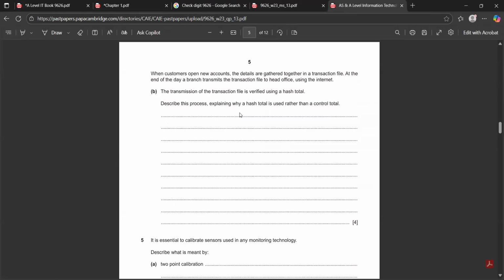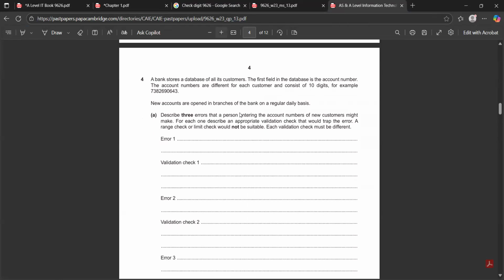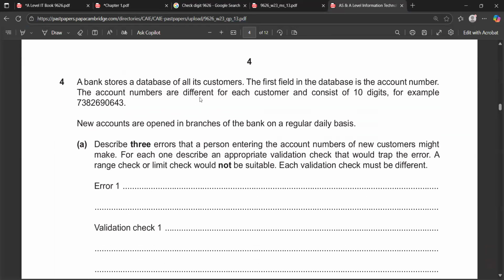This is one of the questions, but we are specifically looking for check digit. All right, but let's do this question as well. Can you reply to this question?